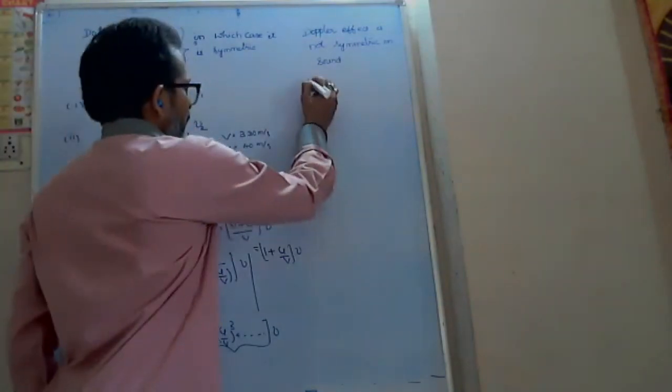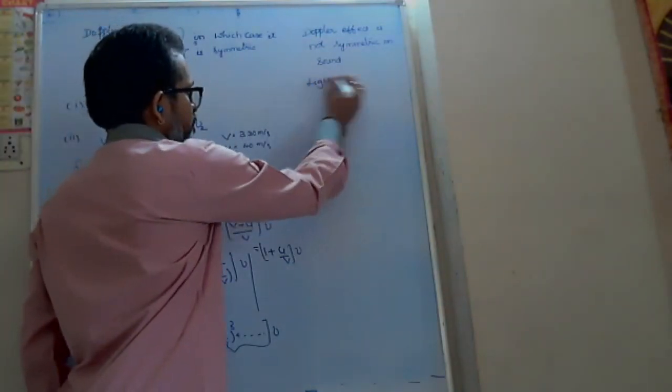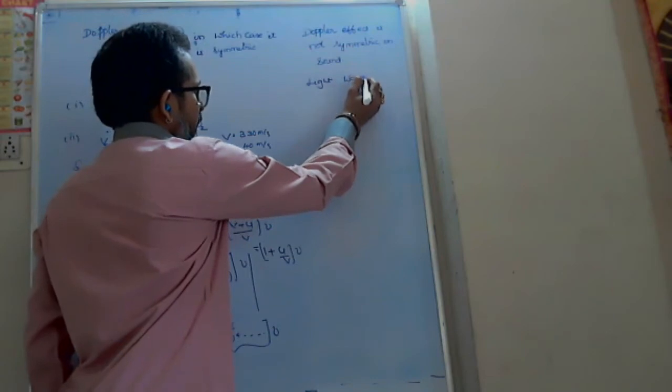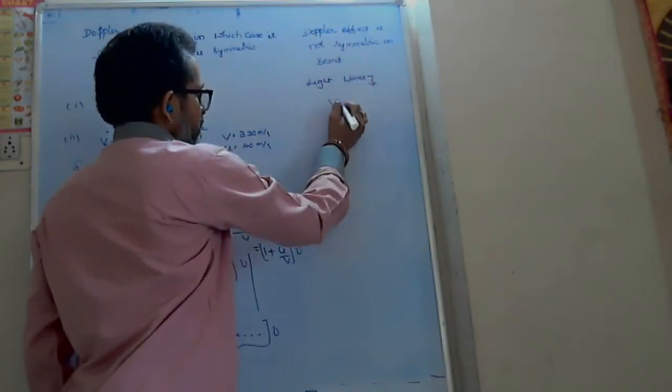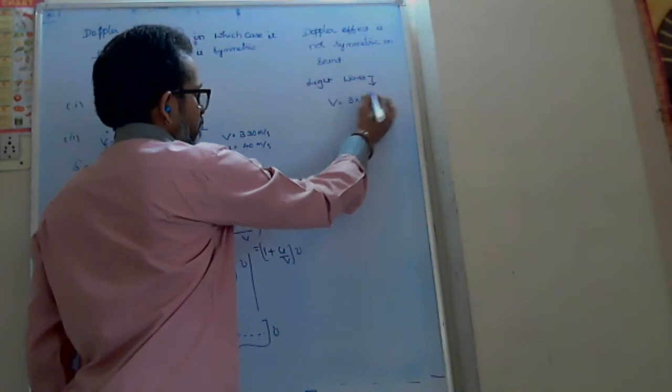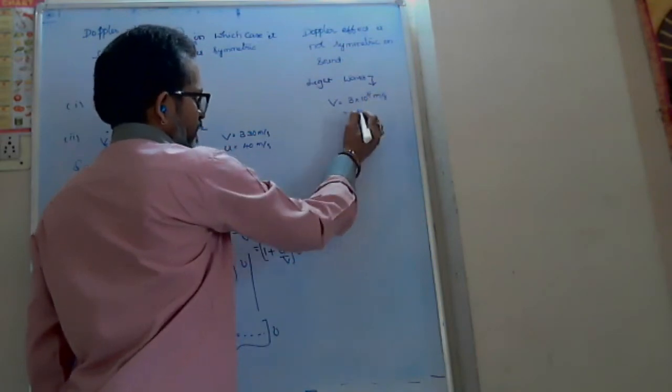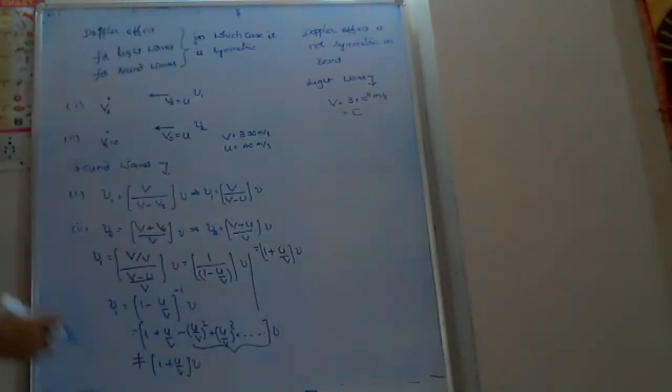Now I come to light waves. Light waves means the velocity is 3 into 10 power 8 meters per second, which is generally represented with the letter C, velocity of light.